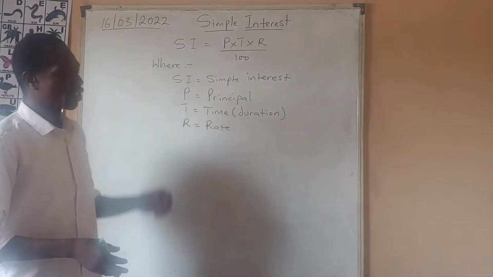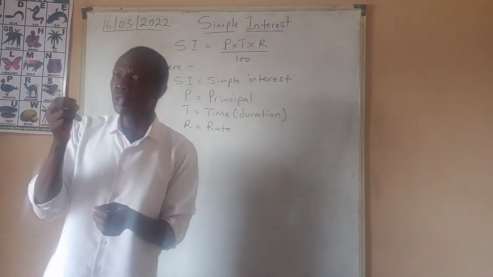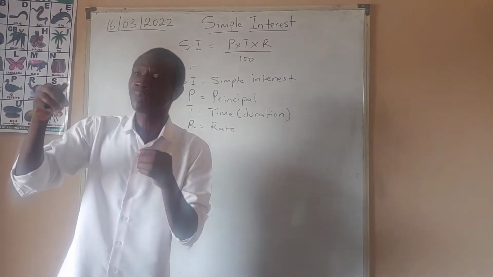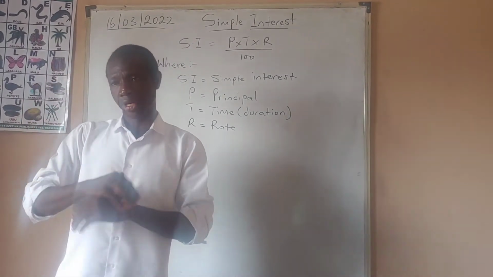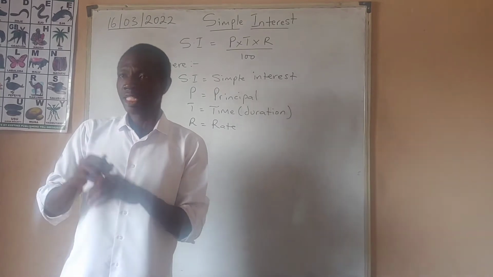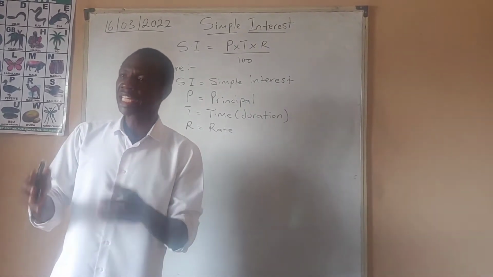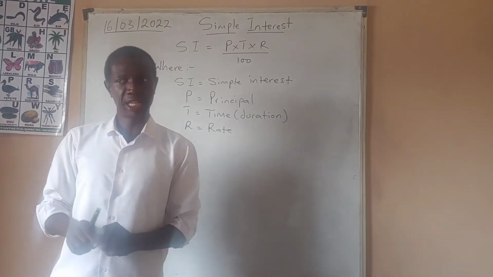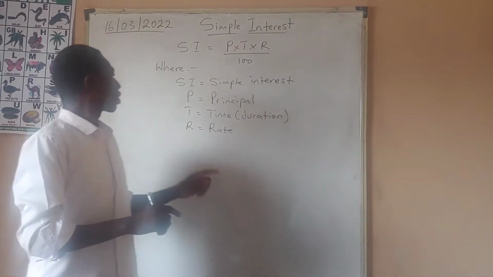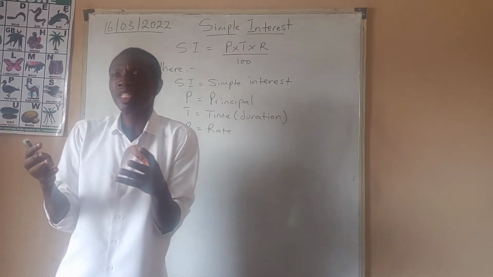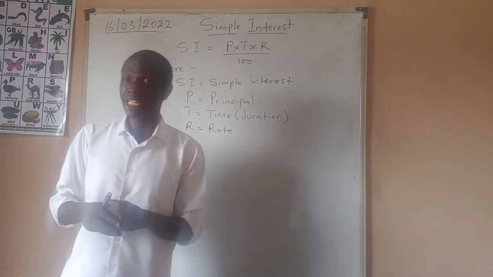Now, what is interest? Interest is that little amount of money that is added to the principal amount you are borrowing. That will be the service fee of the financial institution that is giving you that money. Are we together? Yes. Good. So, principal, that is the actual amount you are collecting from the financial institution.